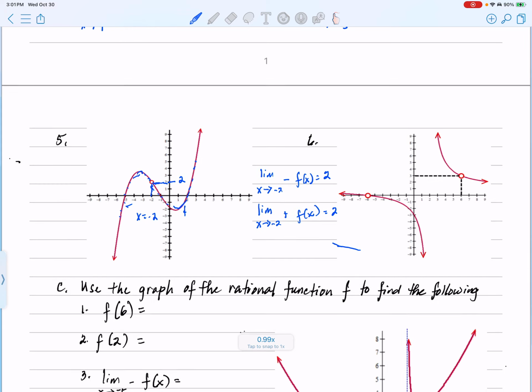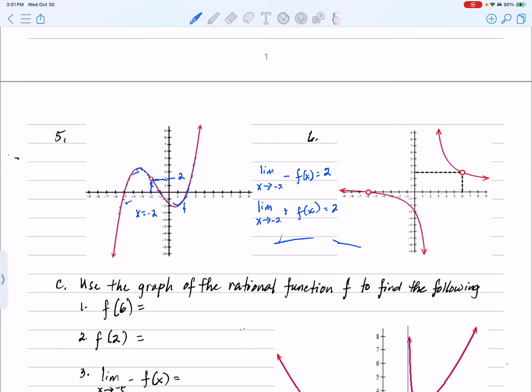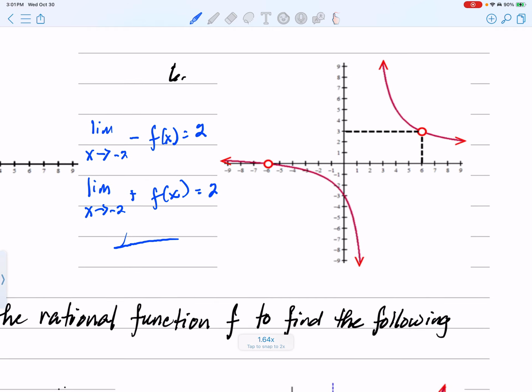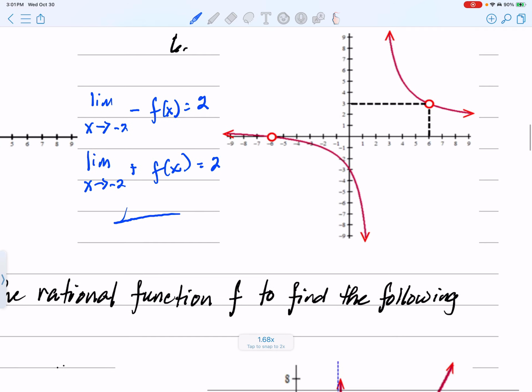Let's have the figure right here. All right. We have 2 holes. So we have to make 2 limit notations here. I'll start with this one. It's located at x equals -6. So the limit as x approaches -6, what is our function here?